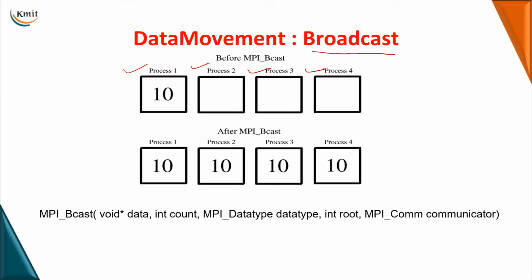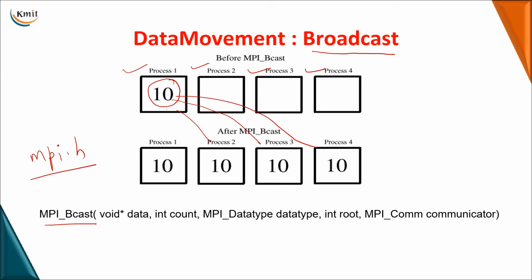So here I have four processes. One process will take the responsibility of sending the same message to all the remaining processes. So process 0 will send the information to process 2, the same information to process 3, and the same information to process 4. To perform this operation, it is compulsory to include mpi.h, because these are all predefined functions.